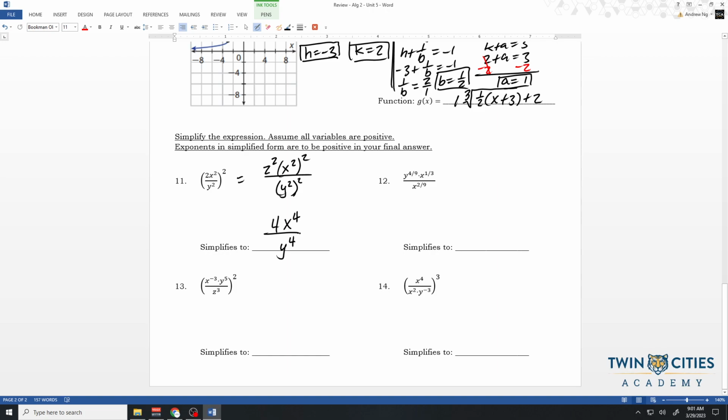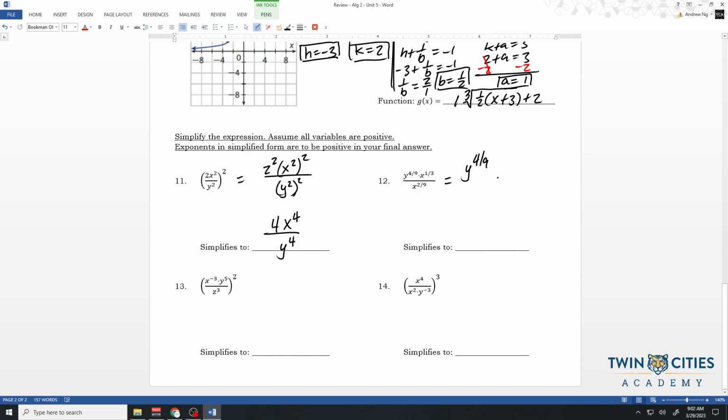For number 12, I see that I've got an x on top and an x on bottom. Whenever I see the same base to some power on top, as well as that same base to some other power on the bottom, what I can do is subtract those powers and just say I've got one of those variables. So y will stay the same. This will be y to the 4/9.